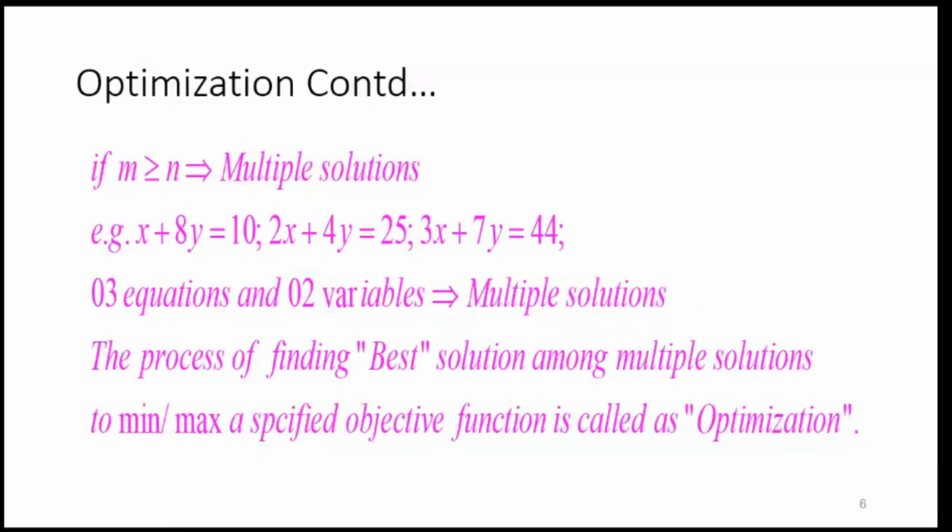So our aim is to find out which solution is the best among the possible multiple solutions. And the process of finding the best solution among multiple solutions is nothing but optimization. Optimization either minimizes or maximizes a specific objective function.